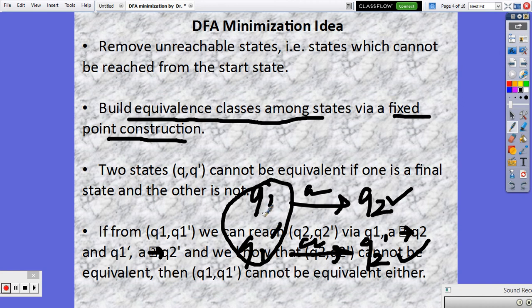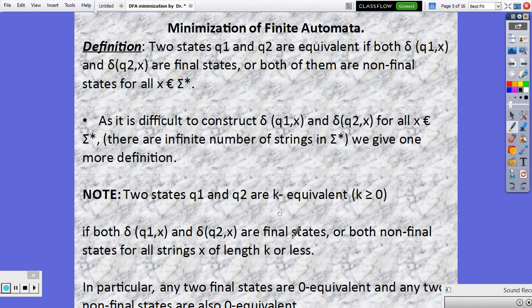If we have Q1 state and we read input a, I am reaching to Q2. Similarly, we have Q1 dash state reading the input a and reaching to Q2 dash. If these both are equivalent, then only Q1 and Q1 dash are equivalent. If Q2 and Q2 dash are not equivalent, then Q1 and Q1 dash are also not equivalent.